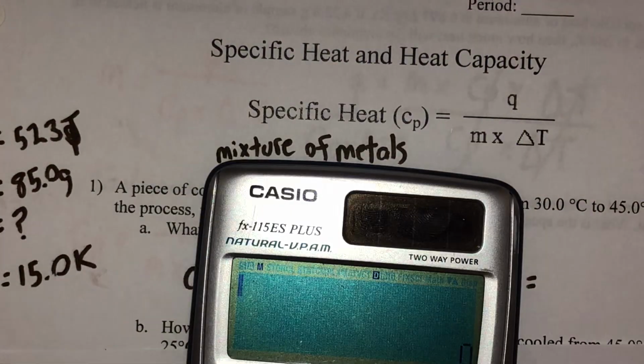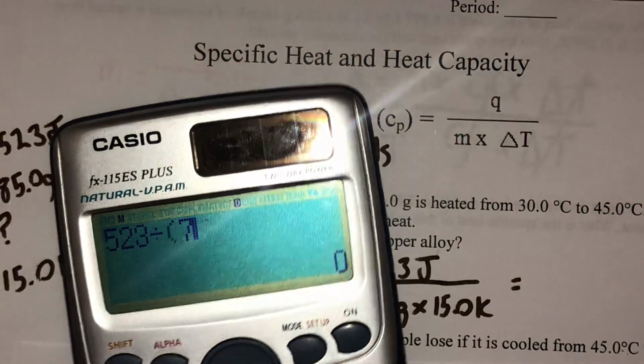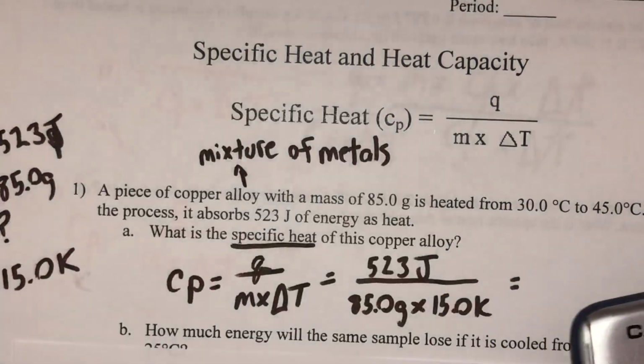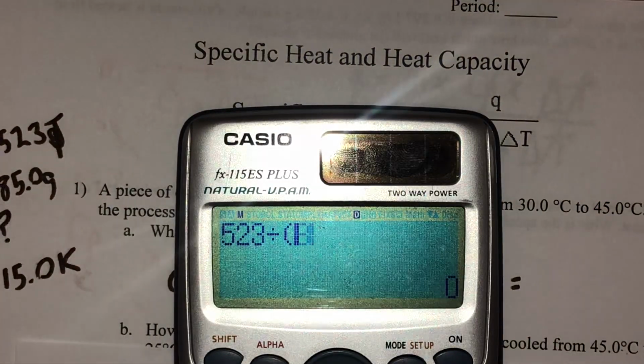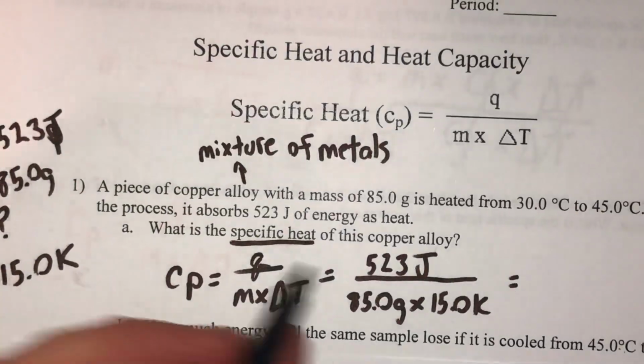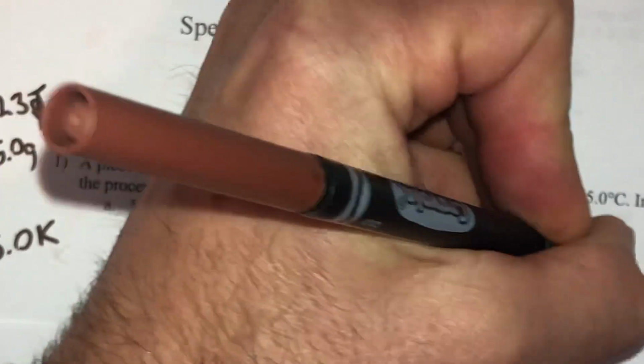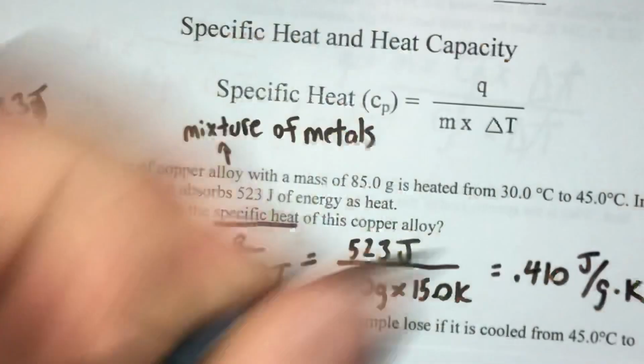We're going to do 523 divided by, remember we're going to use parentheses on the bottom because there are 2 values, 85 times 15. So there's our answer, 0.410. You're rounding to 3 digits, so 0.410 joules per gram Kelvin.